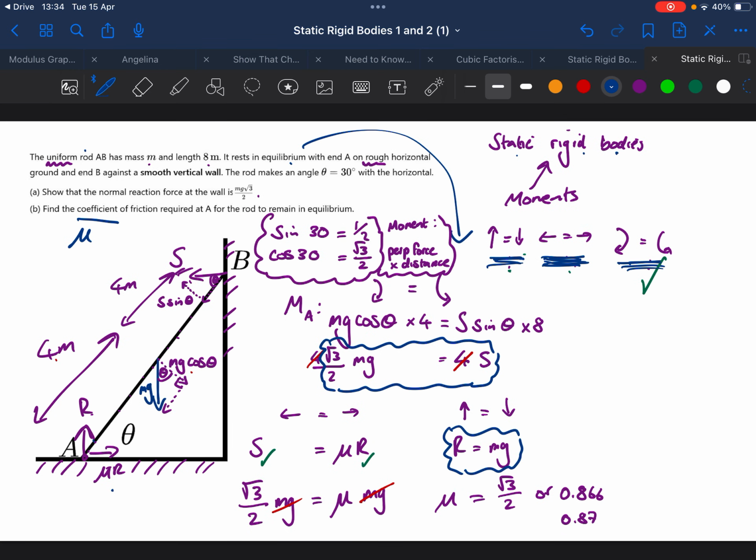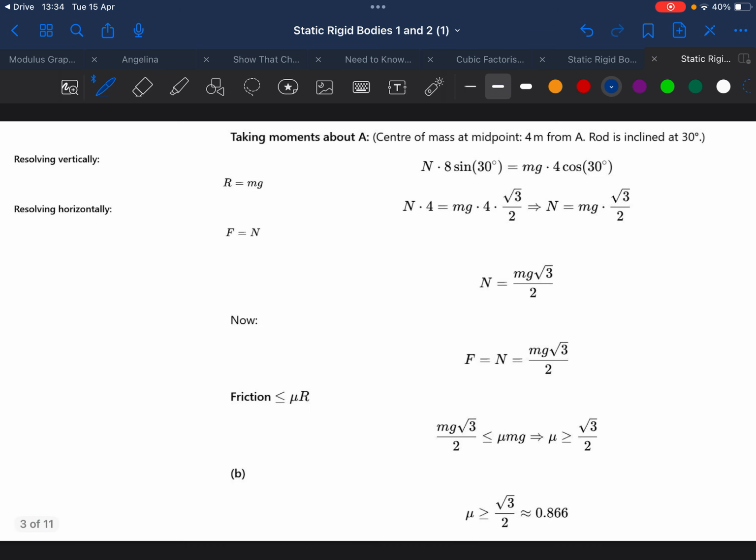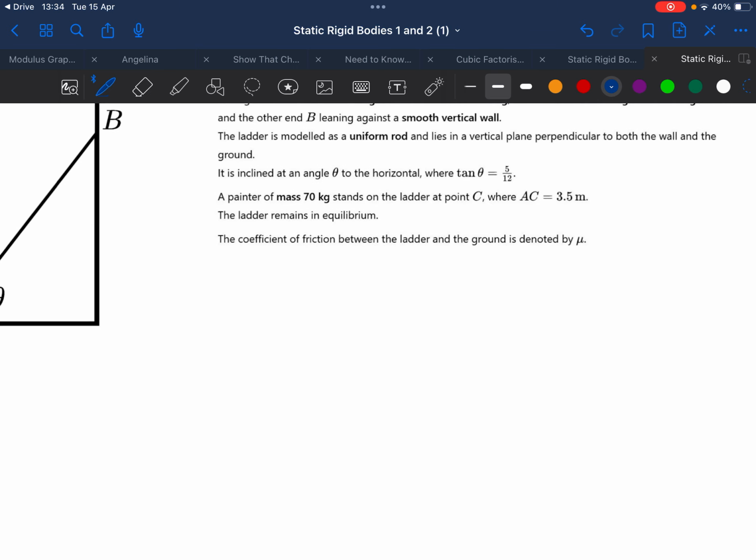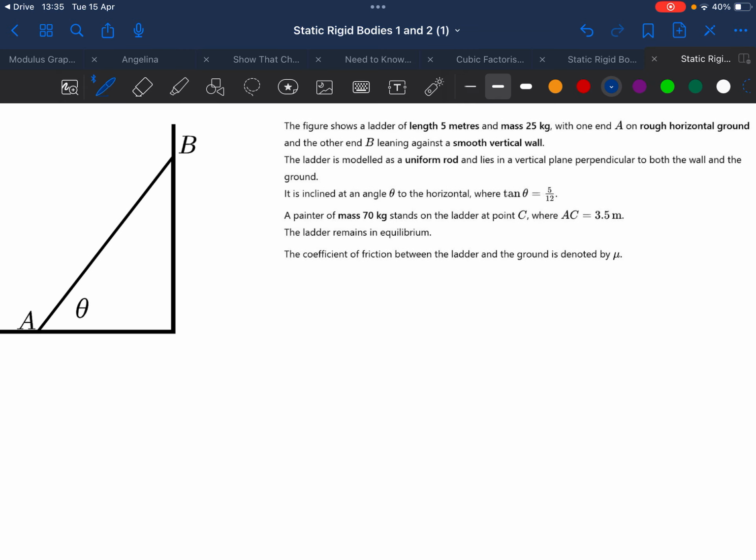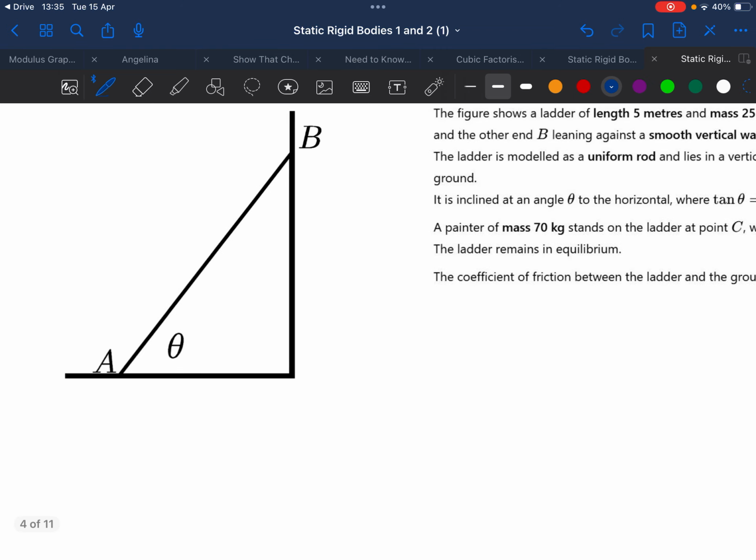So I'm going to give you a moment now just to have a go at a similar question for yourself, which is as follows. And let's have a look at the working out after we do a quick force diagram. So your force diagram for this is largely going to look quite similar.